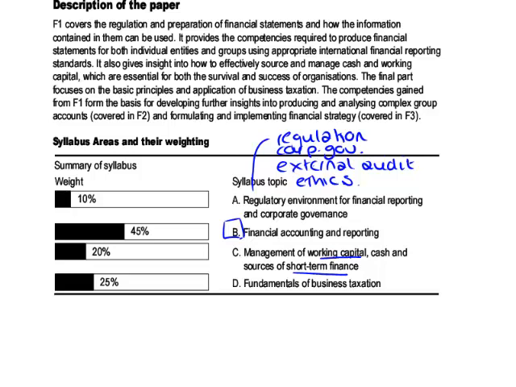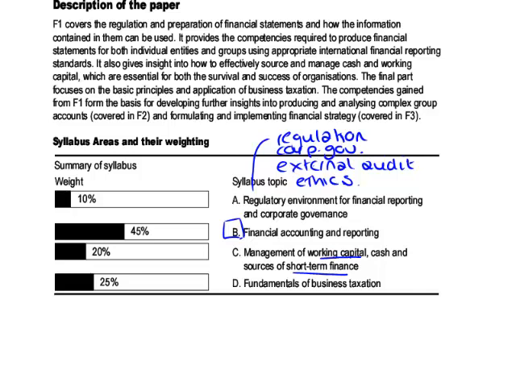So very much looking at how businesses manage their working capital, how much cash they need, how they make sure that they collect in their receivables on time, and how they prepare cash budgets and think about when they've got holes in their cash flow and how they could plug those holes in terms of seeking additional finance, or maybe delaying payments, delaying purchases of assets and things like that. So it is important that you use that time to get a good understanding of how businesses work in terms of how they manage themselves on a short-term financing basis.